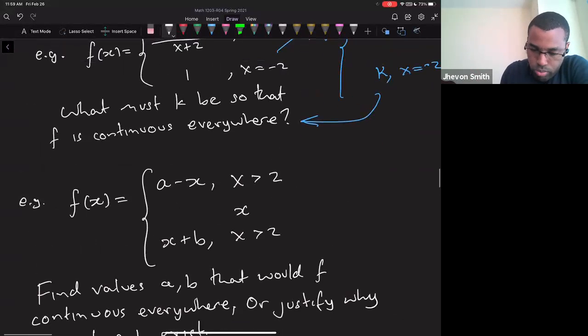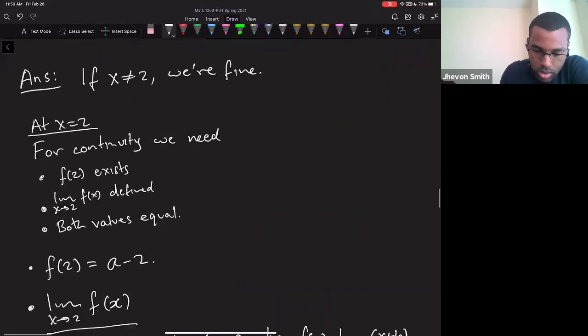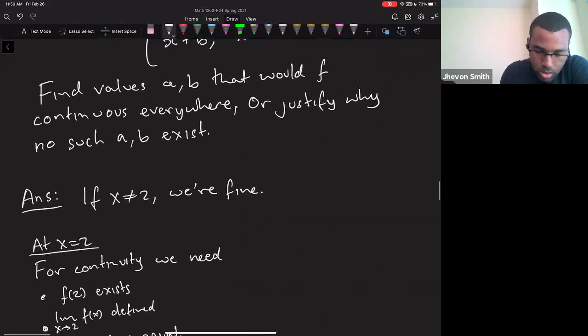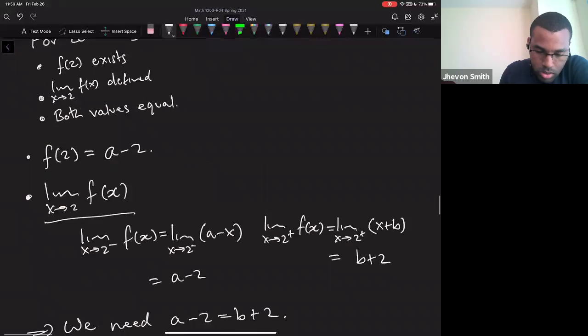Let's say when x equals 2, it's 0. Just change this a little bit to get a nice answer.